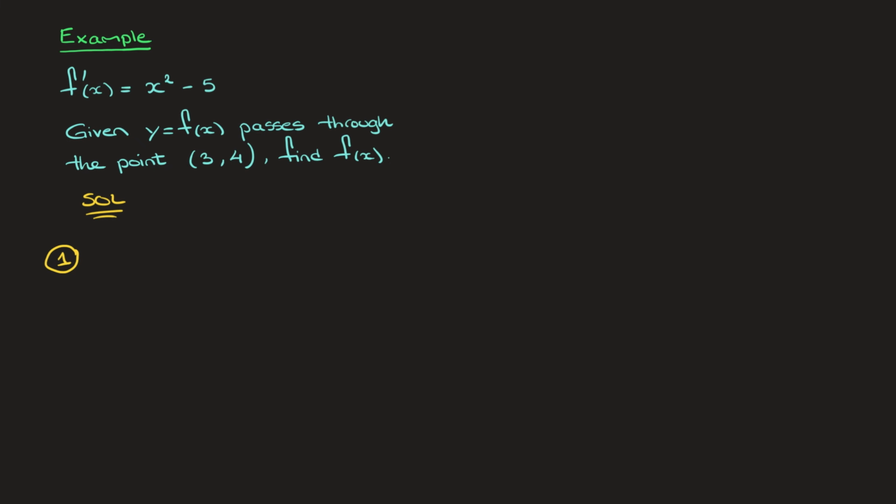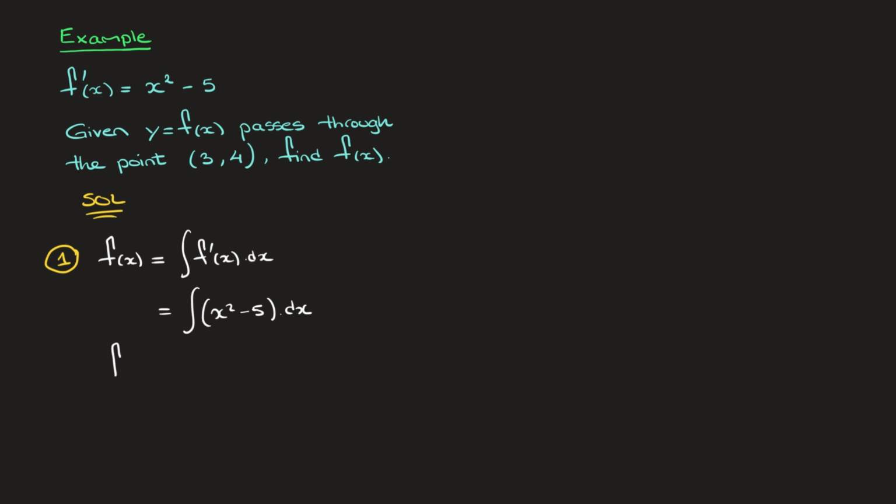We can go ahead and state that the function f of x equals the integral of f dash of x. Now replacing f dash of x by x squared minus 5, this quickly turns into the integral of x squared minus 5. Well, let's see, when I integrate x squared, I'll get 1/3 of x cubed, and when I integrate 5, I'll get 5x.